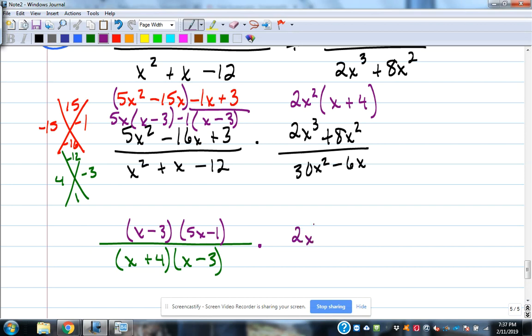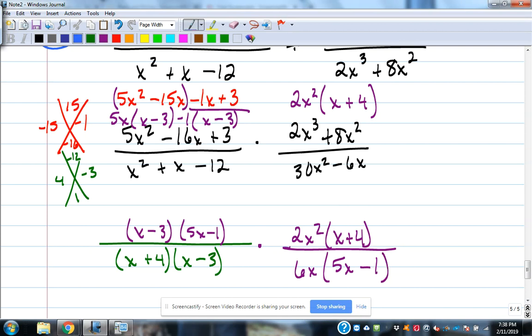So 2x squared, x plus 4. Then on the bottom, what's the GCF of 30x squared and 6x? 6x. And that leaves you what in parentheses? What times 6 gives me 30? 5, and then x, and then a minus 1.